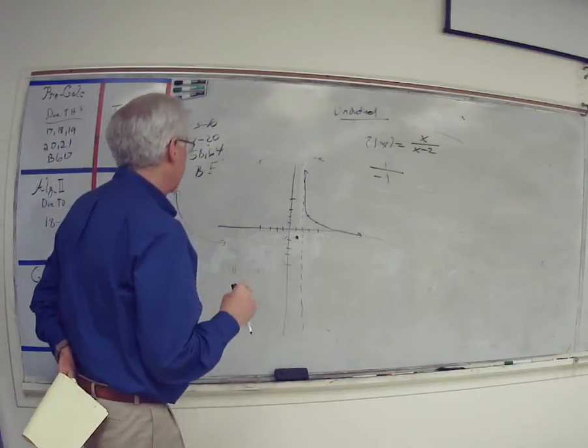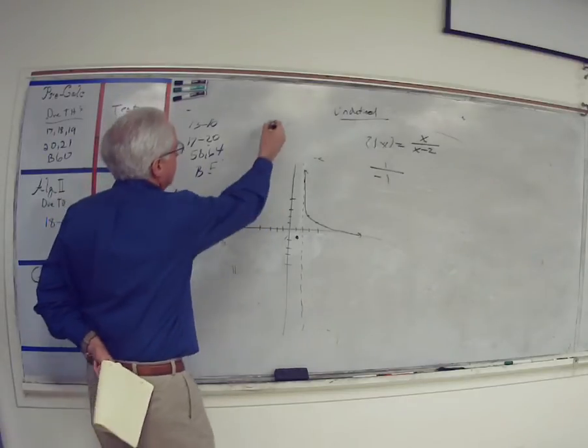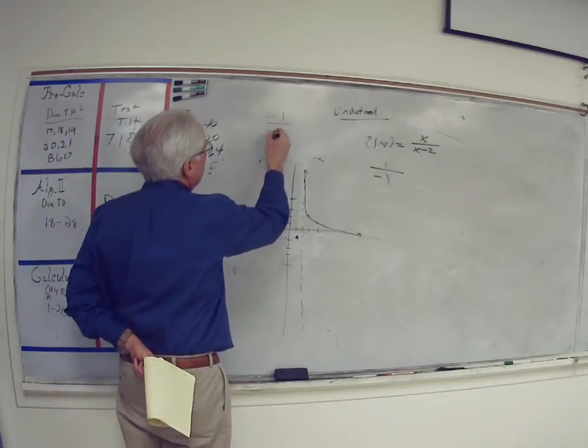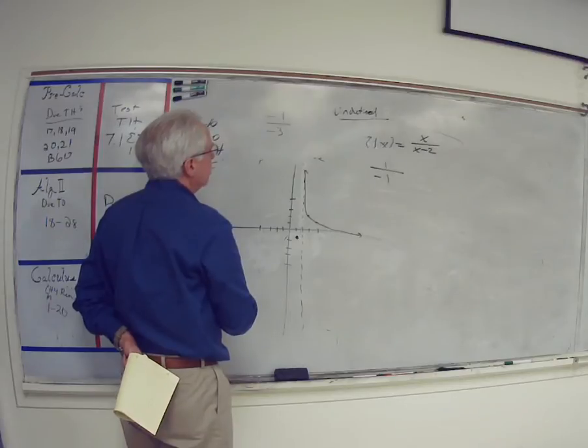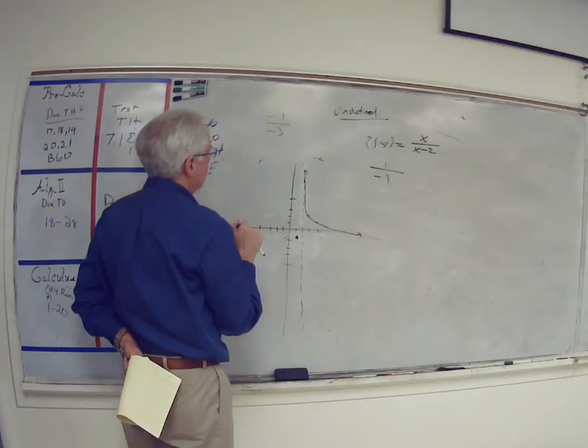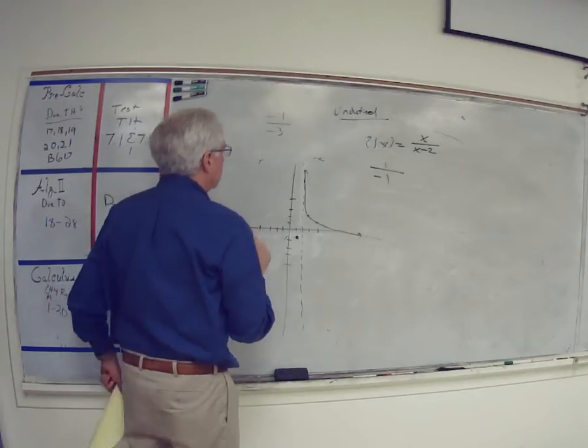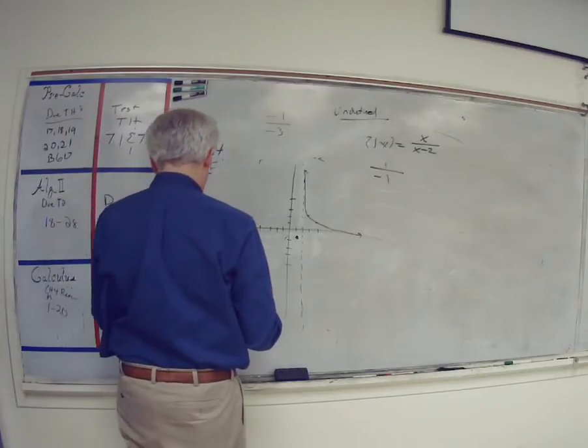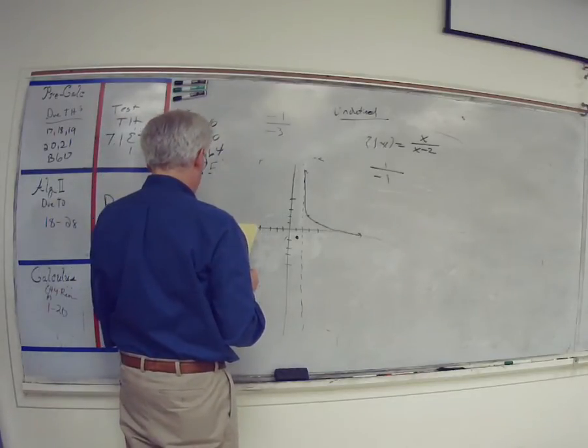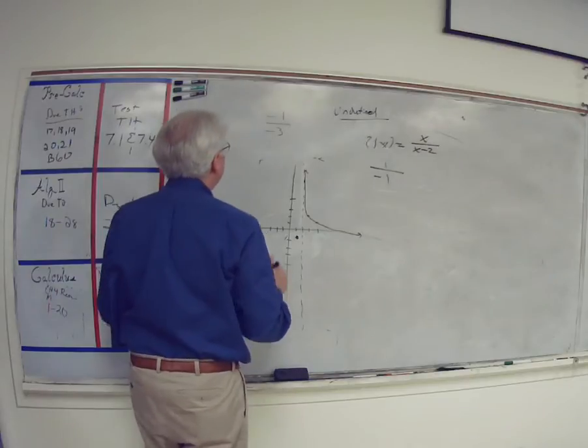Okay, let's go minus 1. Right, minus 1 over minus 3. Is that good? Minus 1 over minus 3 is what? 1/3. Okay, it's 1/3.